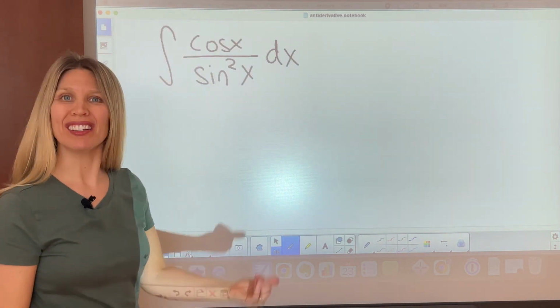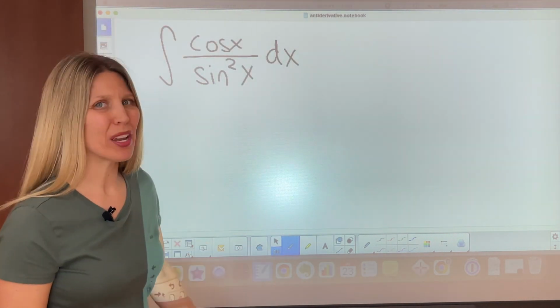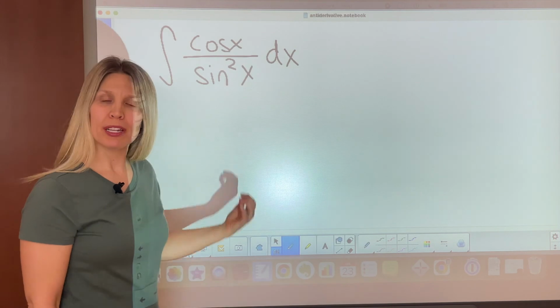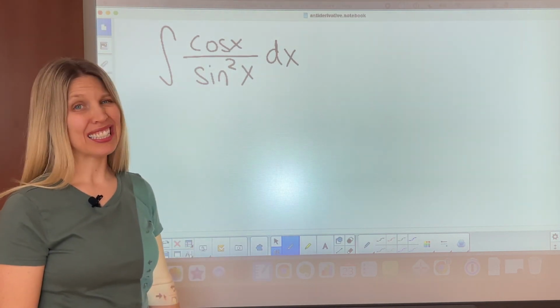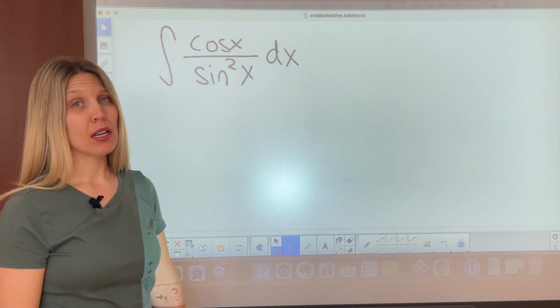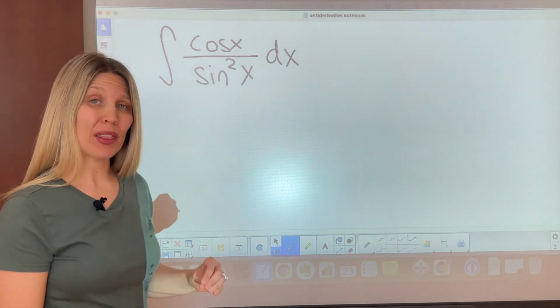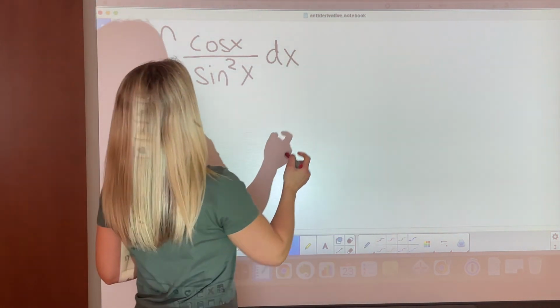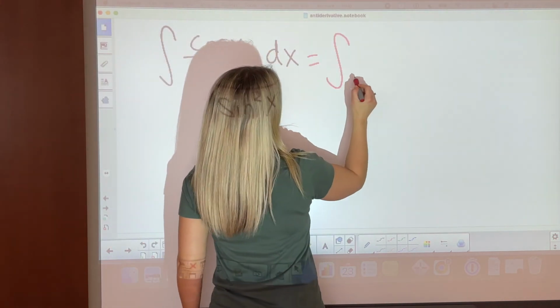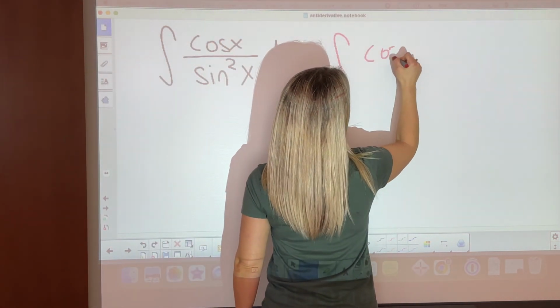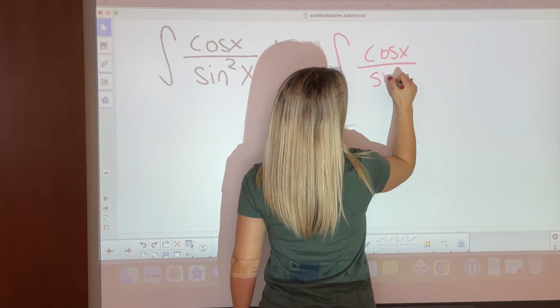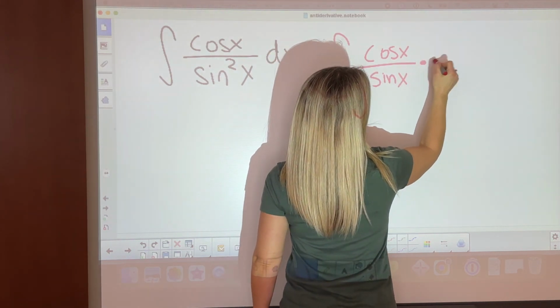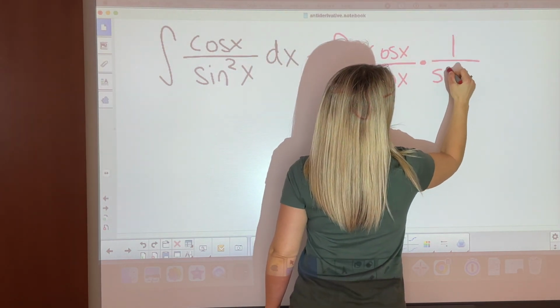You knew this was coming, didn't you? There's always trig to do. But again, in this one, you're going to have to manipulate it a little bit. So sine is squared on the bottom. So I'm going to pull that apart and write two fractions. I'm going to write this as the integral of cosine x over sine x times 1 over sine x.